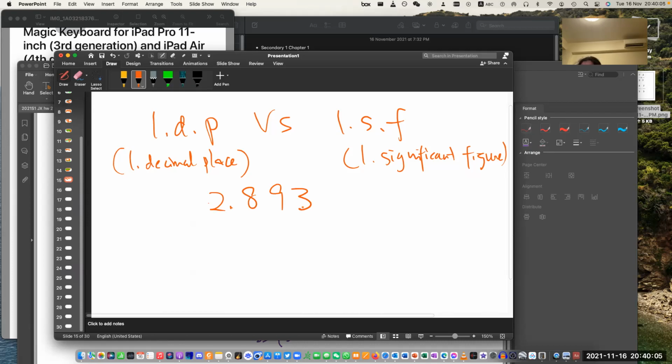So for one decimal place, I need to ask myself, where is my first decimal place? This is my first, and this is my second. The question says one decimal place, so I draw a line after the first decimal place. Then I ask myself whether the second decimal place digit will round up or round down.